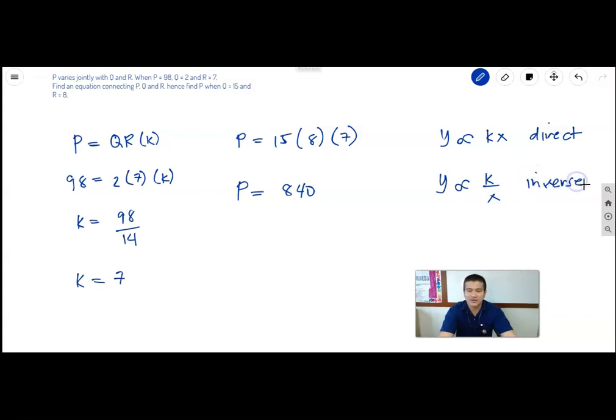Okay, so therefore, you have different formulas: Y varies jointly to X and Z times K. So this one is for jointly. So you have three different formulas that you are going to remember: the direct, inverse, and joint variations.